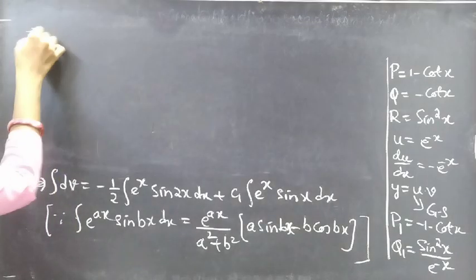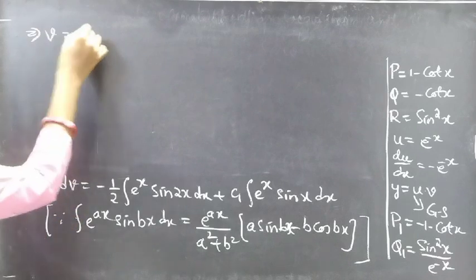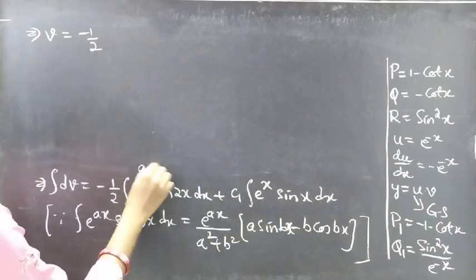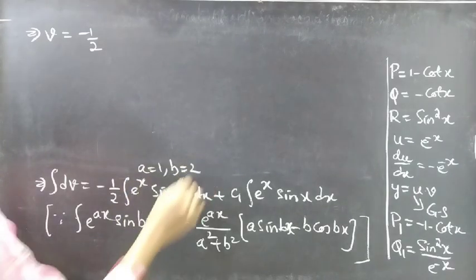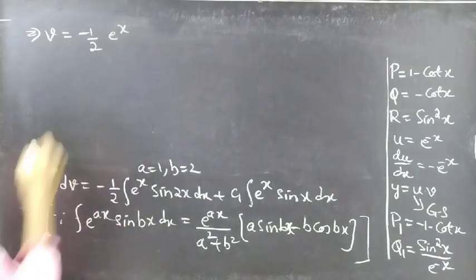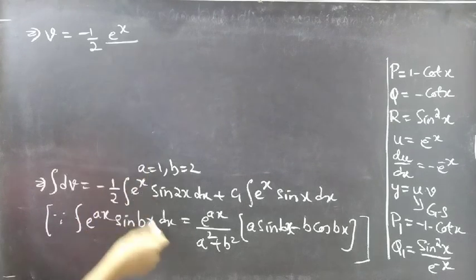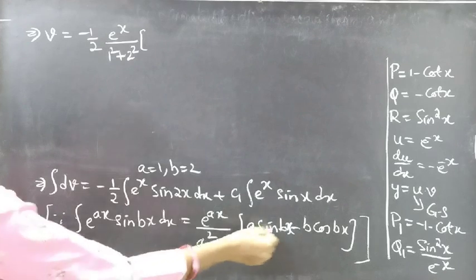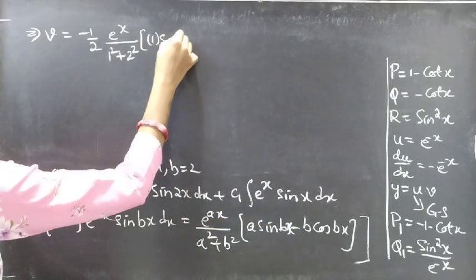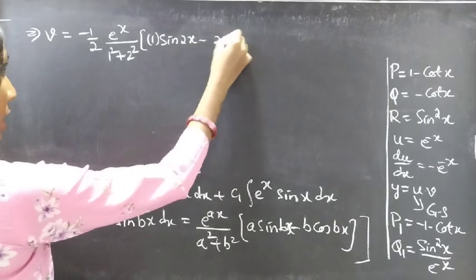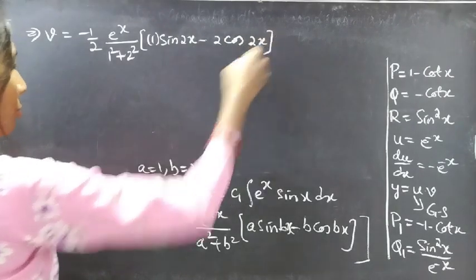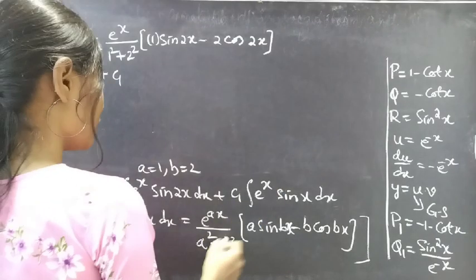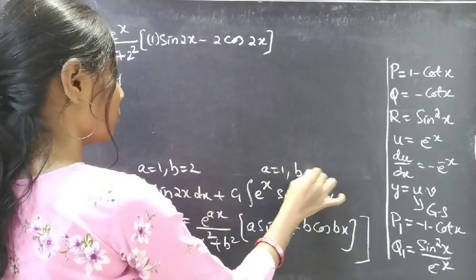This becomes integral dv, that is v, equals minus 1/2 into, now compare these two integrands, and for a equal to 1 and b equal to 2 we'll get e^(1·x) by 1 squared plus 2 squared into (1 into sin 2x minus 2 cos 2x), plus c1 into, apply this formula for a equal to 1 and b equal to 1.